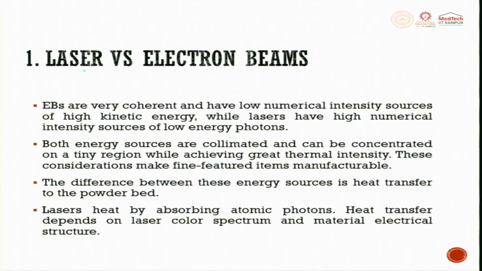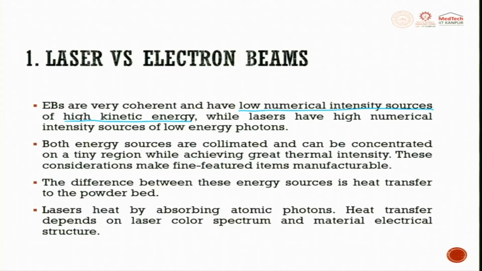Let us try to compare laser and electron beam. Electron beams are very coherent and have a low numerical intensity source of very high kinetic energy. High kinetic energy means a lot of energy is there when it hits a powder.